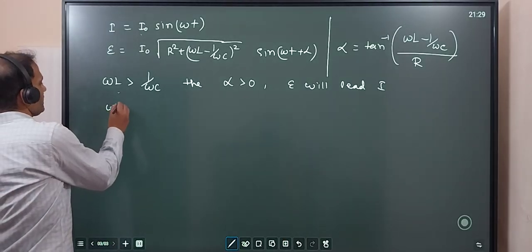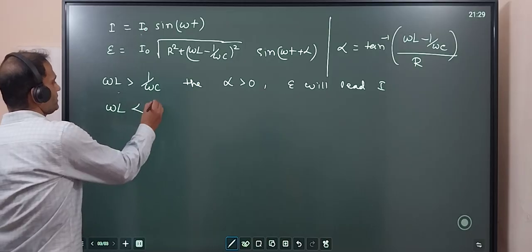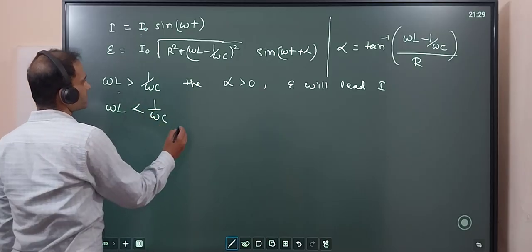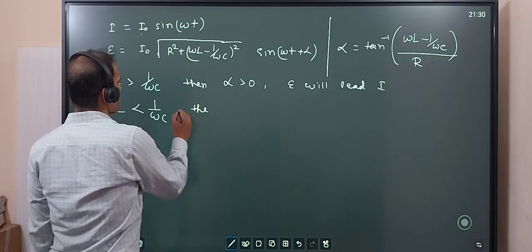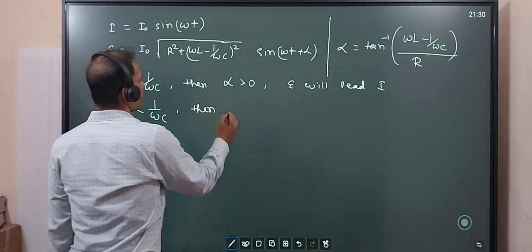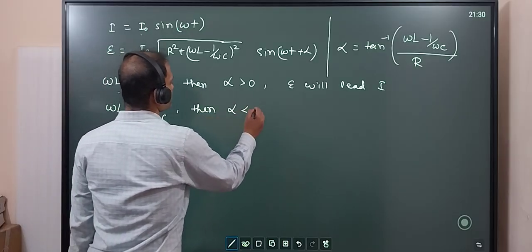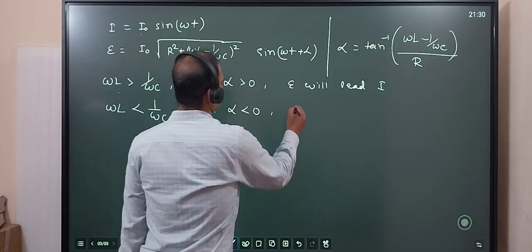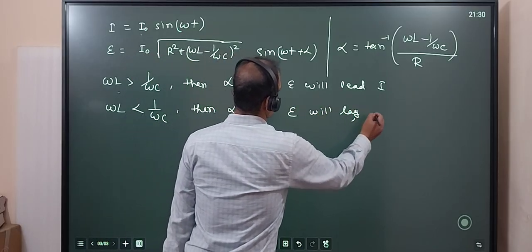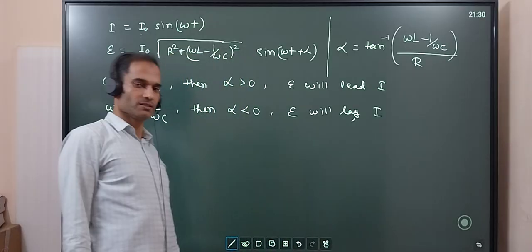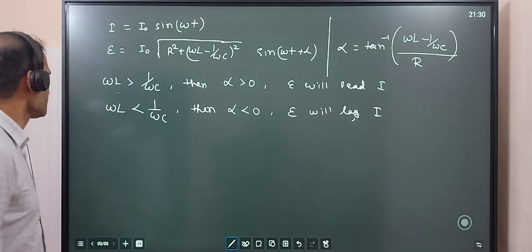If omega L is less than 1 by omega C, then alpha is less than 0, and E will lag the current.